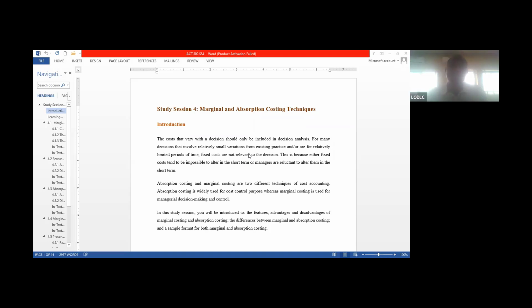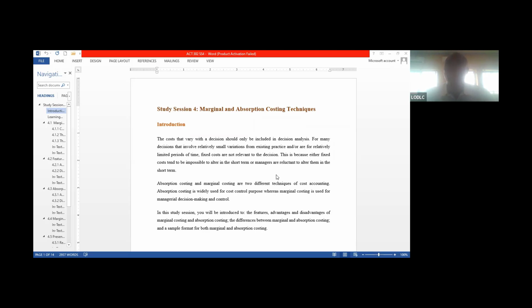For many decisions that involve relatively small variation from existing practice and/or for a relatively limited period of time, fixed costs are not relevant to the decision. This is because fixed costs tend to be impossible to alter in the short term, or managers are reluctant to alter them in the short term.